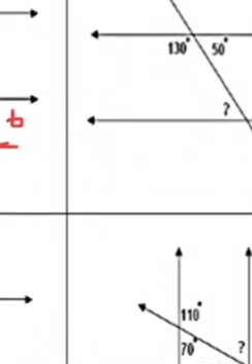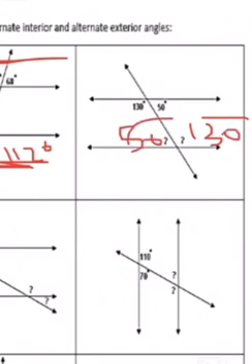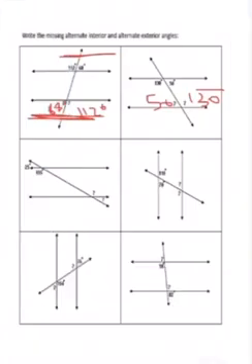So again, this angle is equal to 130. Let's write it in a clear way. Here we have 130 and here we have 50. The sum of these two angles is equal to 180.